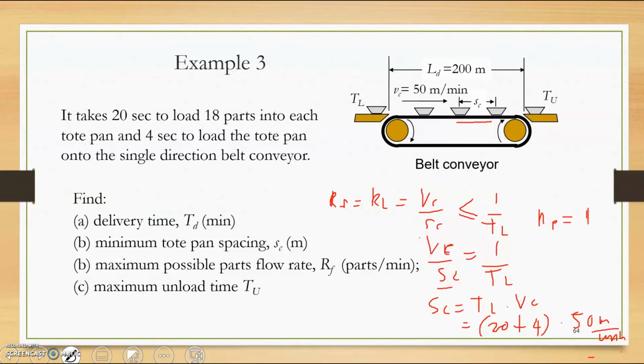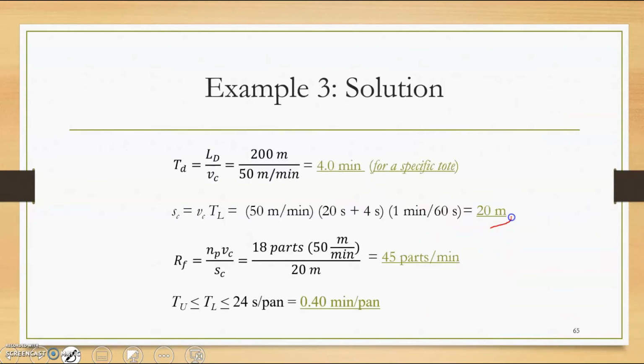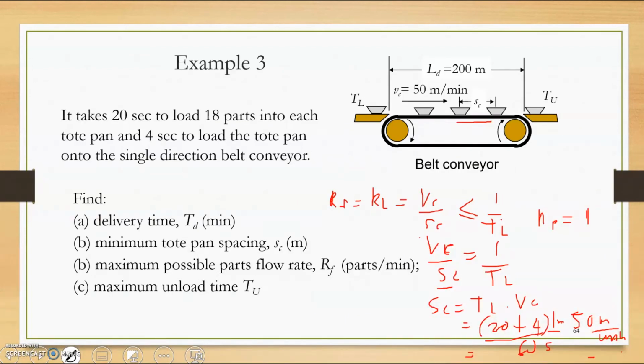To convert this into minutes, you have to divide by 60 seconds, since 1 minute equals 60 seconds. You can calculate this, and the answer will be 20 meters. So the spacing from one tote pan to another is 20 meters.